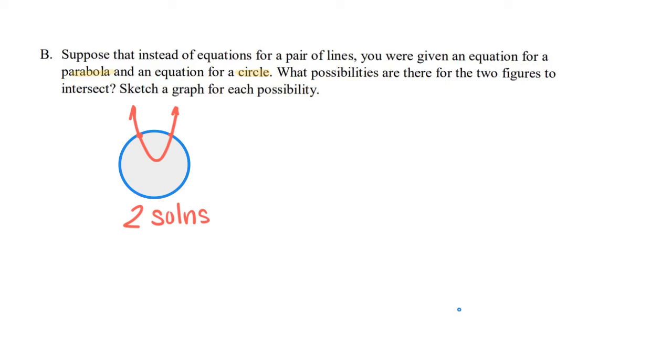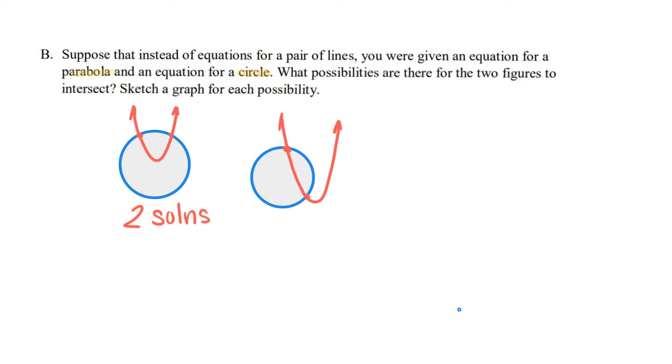I could also draw that circle, where maybe the parabola looks like this. Again, it's intersecting at two different spots, which means it would have two different solutions. Now, the parabola can open up, the parabola can open down. You have lots of variations of those graphs.